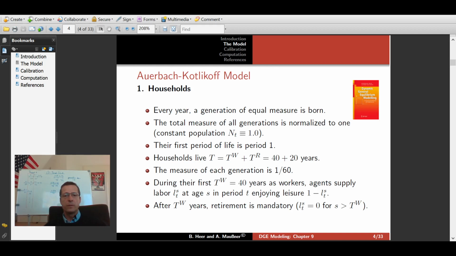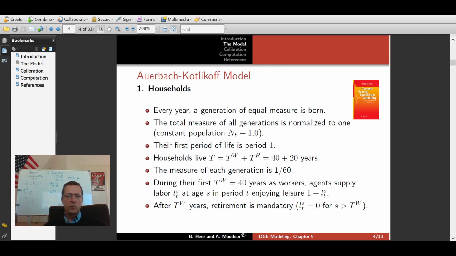During the first 40 years, T_W, the working years, they are workers and supply labor l_s,t, so labor supply at age s in period t. Total time is normalized to 1, so that 1 minus l_s,t is also leisure. And labor supply will be endogenous.